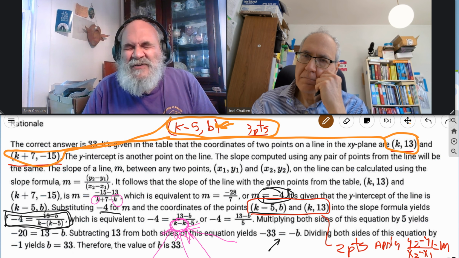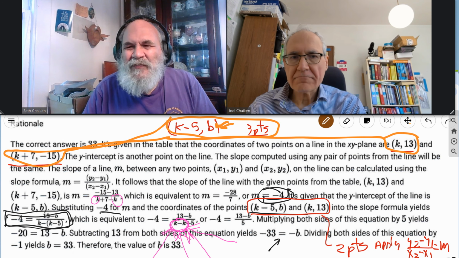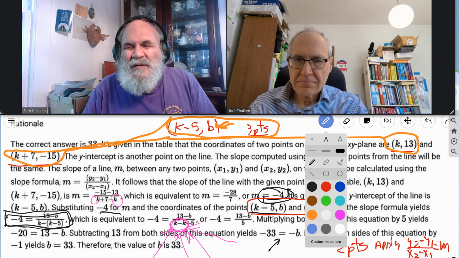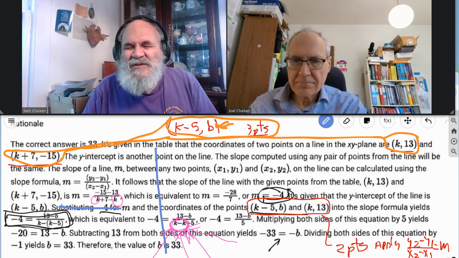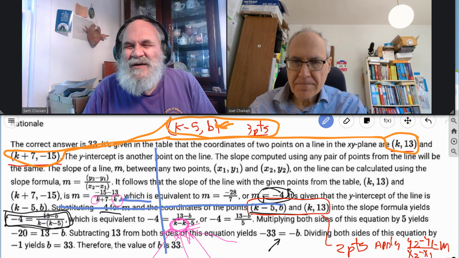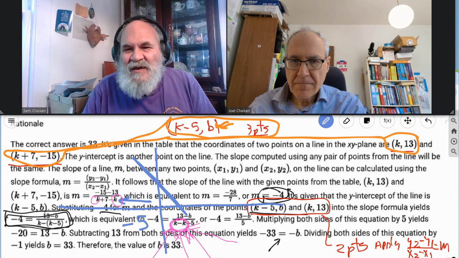The slope is minus 4, right? Right. Decrease k by 5, so you're going to change the y value by minus 4 times minus 5, which is 20. Going to change the y value by adding 20.